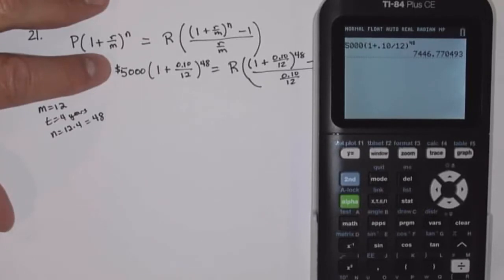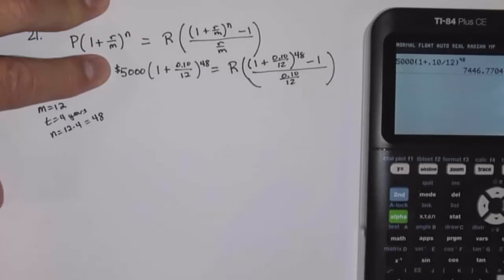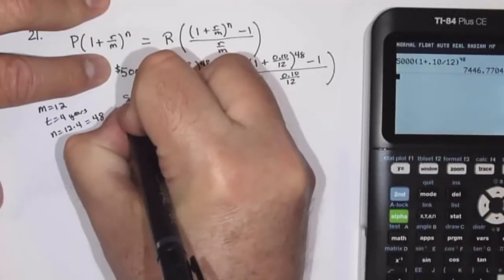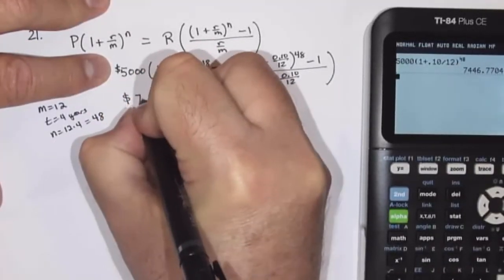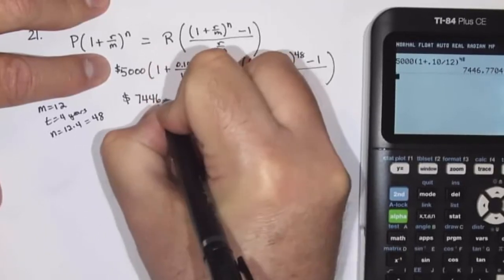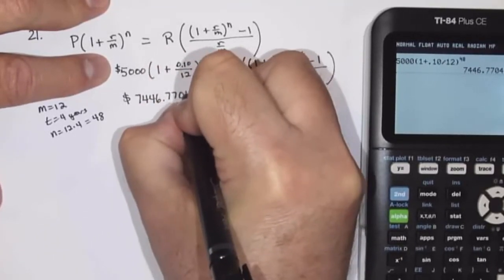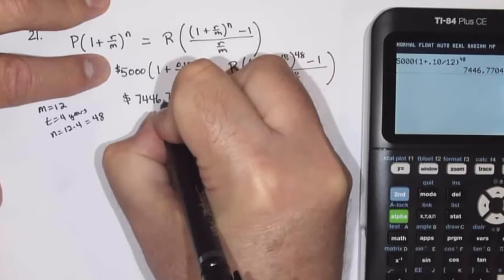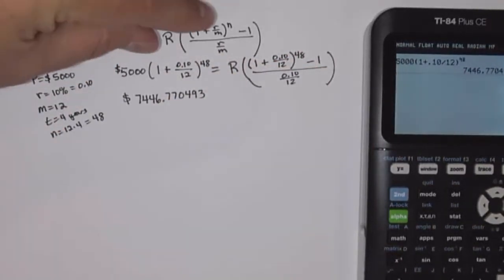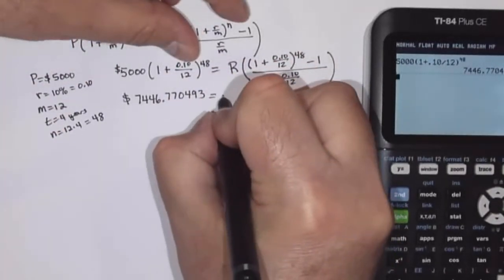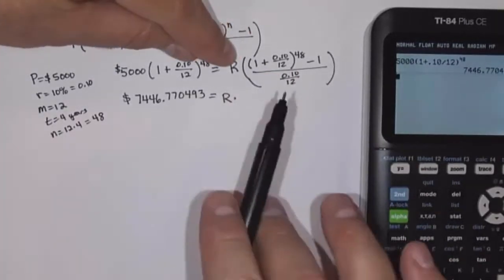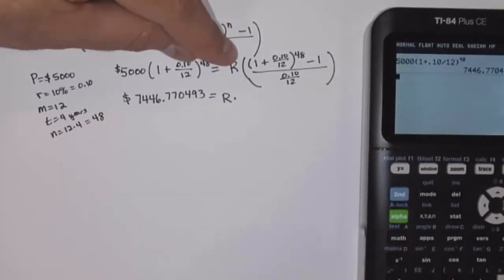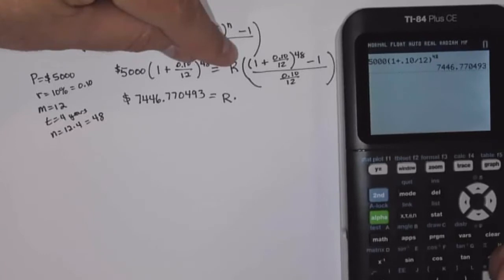That is going to be $7,446.77 plus, I don't want to round though, so $7,446.77 plus cents, 0493. So again, carry that out. On the right-hand side, I have R times something. And again, I'm going to punch this in my calculator all at once so I can see what that value is.